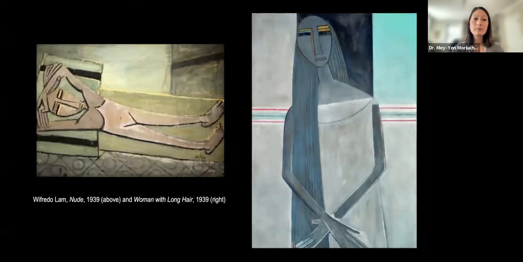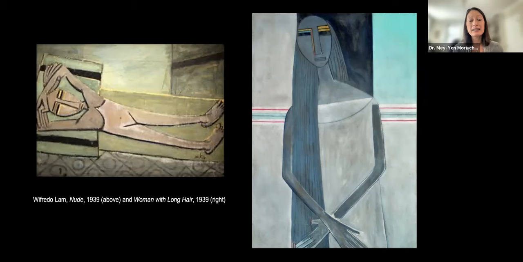So early works in Paris demonstrate his experimentation with cubism, his flattening and simplification of the shapes into geometric forms, the lack of depth, the masks as well.